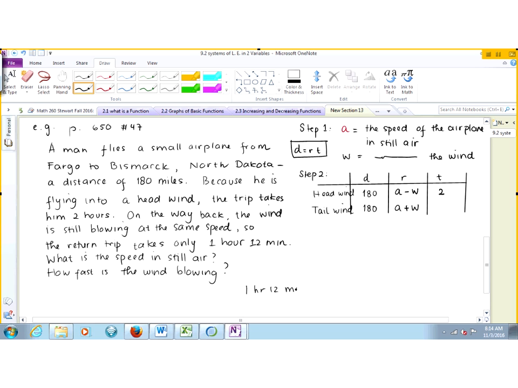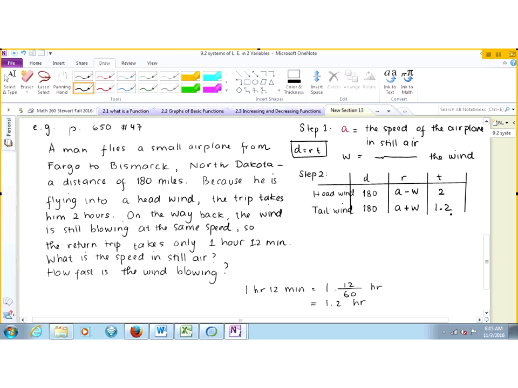So 2 hours. What about 1 hour, 12 minutes? This is 1 hour, and then 12 over 60. So how many hours? 1.2 hours. Yes, so this is 1.2, because the speed is miles per hour.